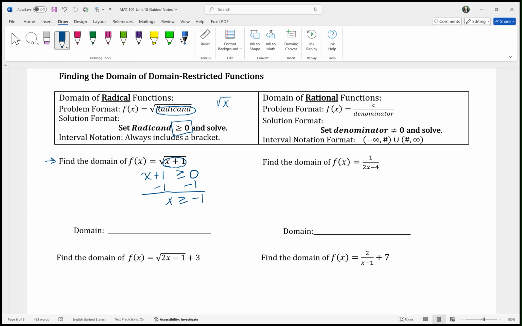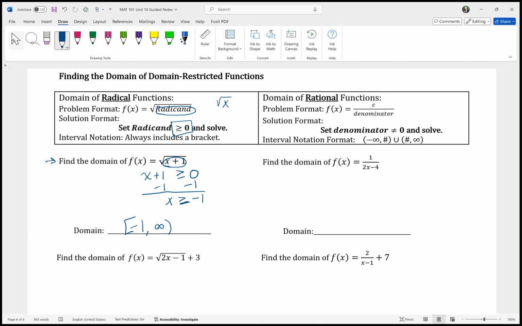Now, our domain, they want written as interval notation when you're doing inequalities. So interval notation here, again, if you think about a number line, you're shading to the right. So the number is going to come first, and because we have that line underneath, it's going to be a bracket. And if we're shading to the right, that's going all the way to positive infinity with the parentheses.